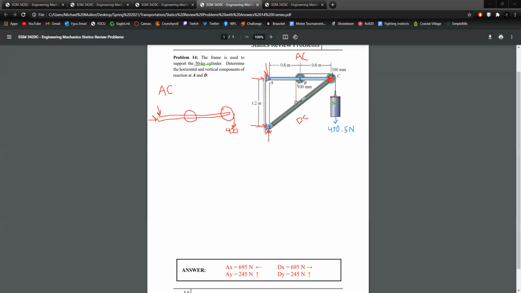And if we're separating this member AC from the member DC, this cable is going to be cut, and we're going to have another 490. We know that this is a tension, so this must also be a tension moving away, like into the cut, away from the diagram. We cut this, we cut that, and we have a tension and a tension.